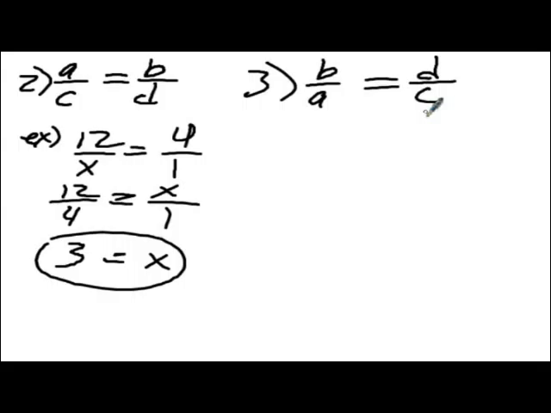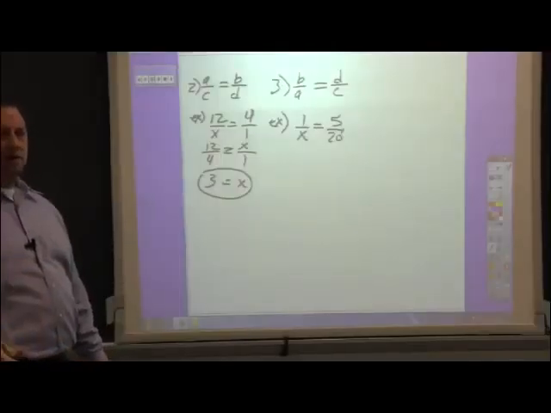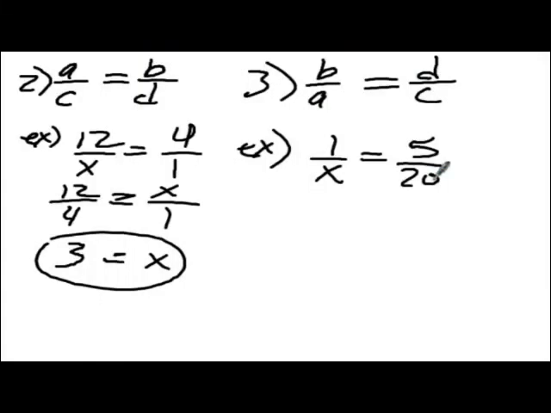Let me show you an example in which this will be beneficial. If you have 1 over x equals 5 over 20. You got 1 over x, but you need x. All we had to do was flip 1 over x, we would get x over 1. Let's do that.